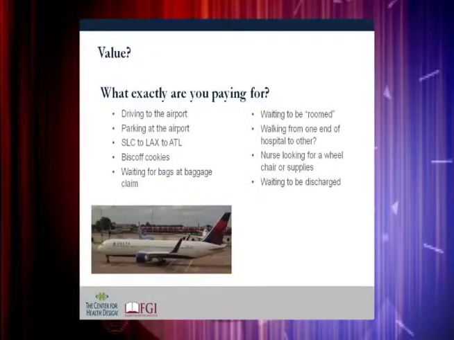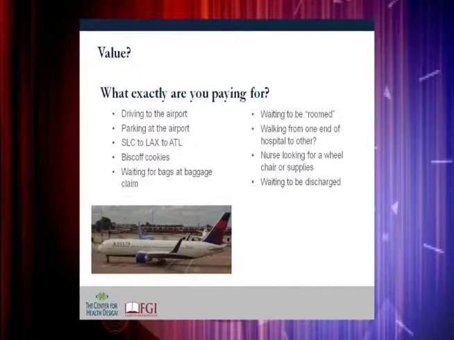Okay? The next thing, after you've got a value stream, you want to think about what value means. When you go for a trip, how much of what you experience in the airport is really value? For example, is driving to the airport value?